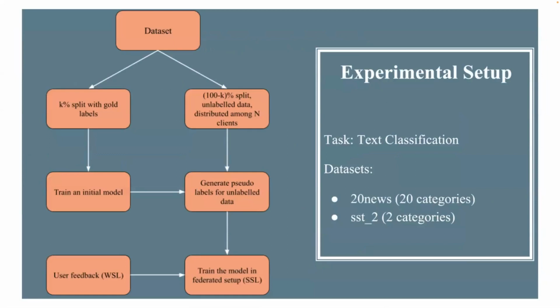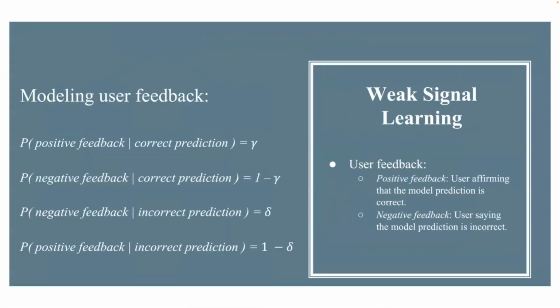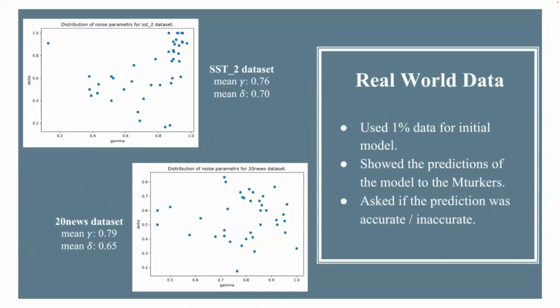We have been looking at these cases, for example, in the context of NLP tasks, such as text classification across various data sets, like 20 categories, 2 categories. And you can model user feedback in a probabilistic way to account for noise, with gamma representing the fact that the positive feedback is correct, and delta representing the case that the negative feedback is correct.